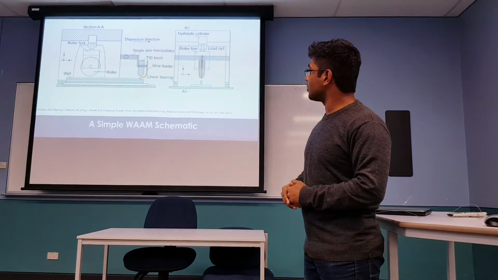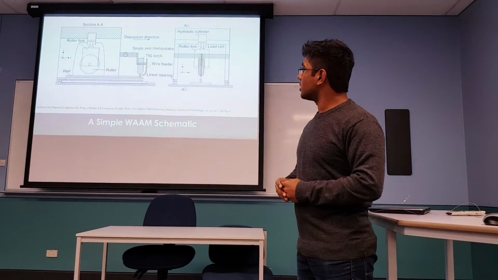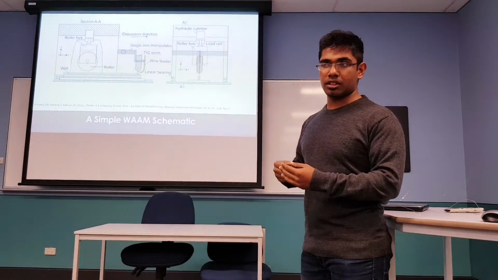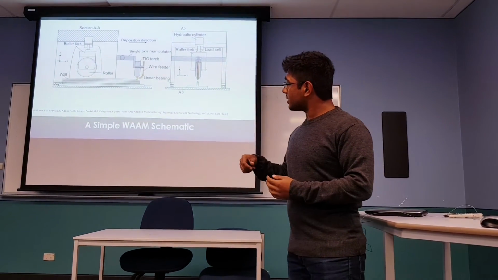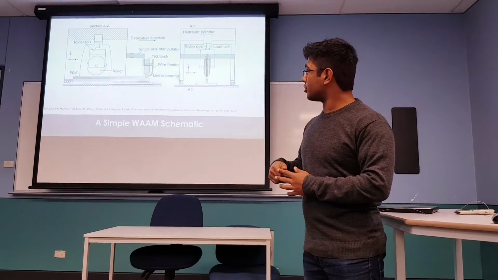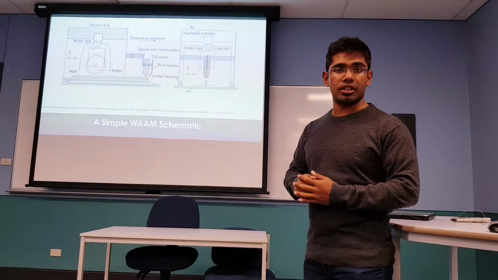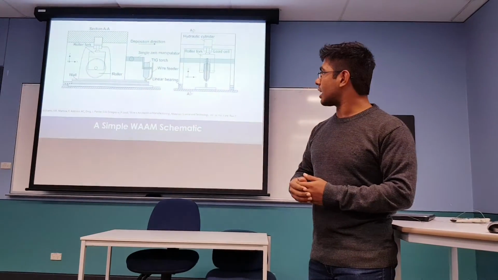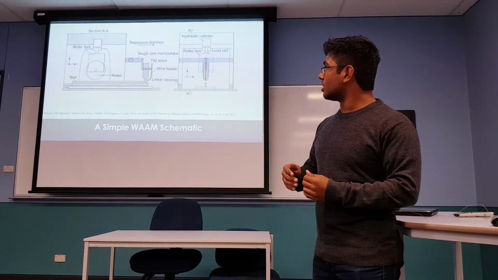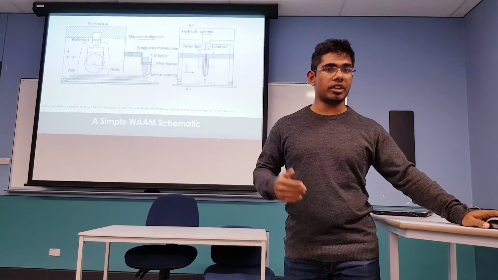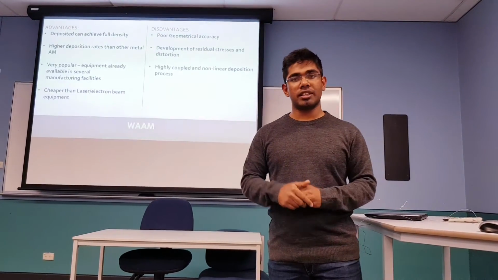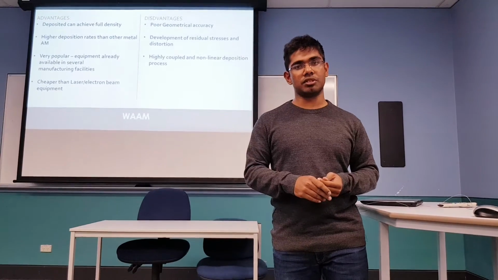It involves the use of a torch with a wire feeder. The torch melts the wire that is being fed through the wire feeder, and it is driven by a robot to deposit layers of material on a substrate. This substrate acts as a workbench, and by adding layers of material over one another, we are able to produce the final part. There are several advantages and disadvantages to this process.